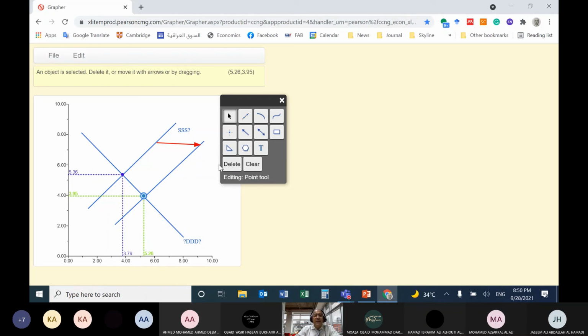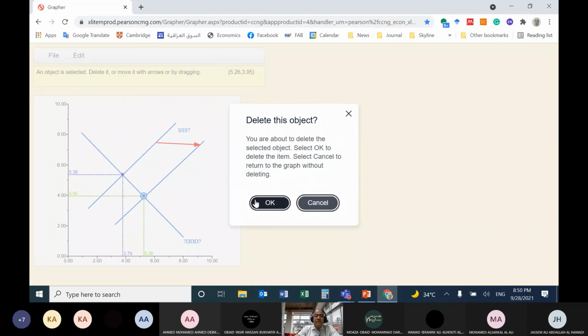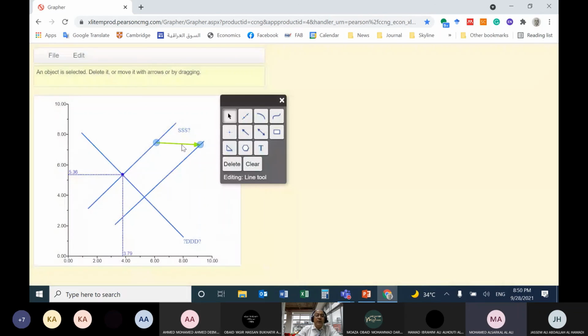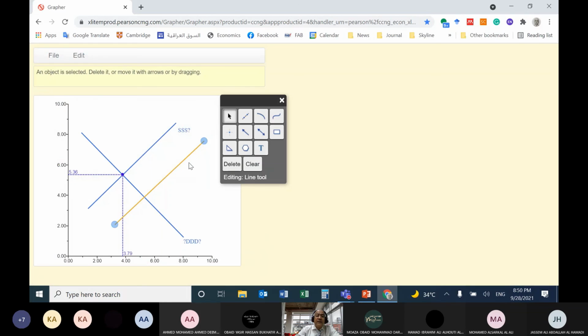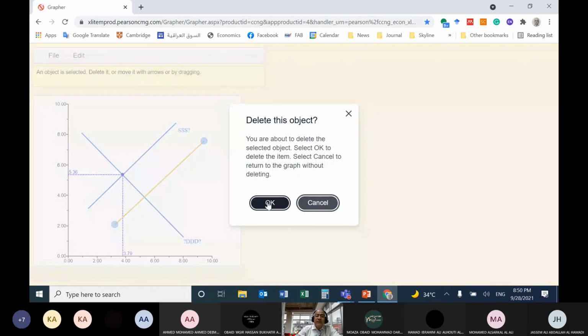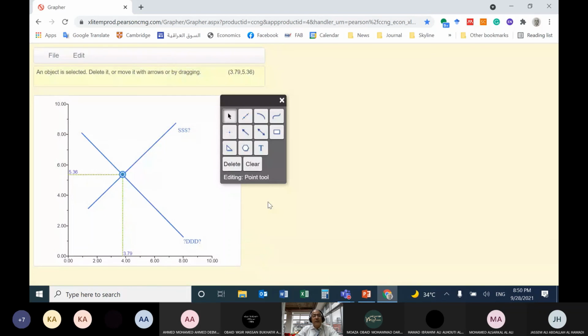Okay, let me go back and I will delete this. So now this is the initial equilibrium point. Assume on TV they said if you eat more tomatoes, you will get allergy.